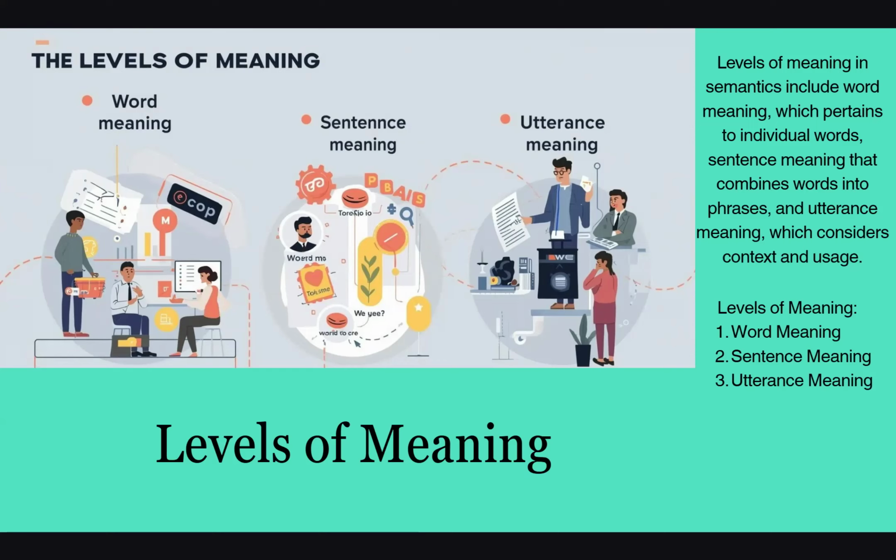We can define sentence meaning as the compositional meaning of the sentence constructed from the meanings of its individual component lexemes, but the meaning of a sentence as built up out of its component parts is often quite different from the meaning it actually has in a particular context.